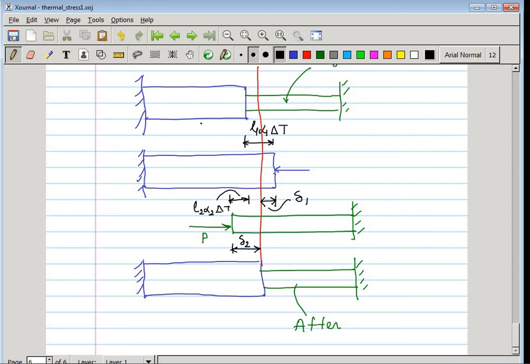So the first equation which we get is delta 1 plus delta 2 is equal to, that means here to here, L2 alpha delta T plus L1 alpha delta T. So this is L1 alpha 1 delta T plus L2 alpha 2 delta T. So this is the equation which we get.